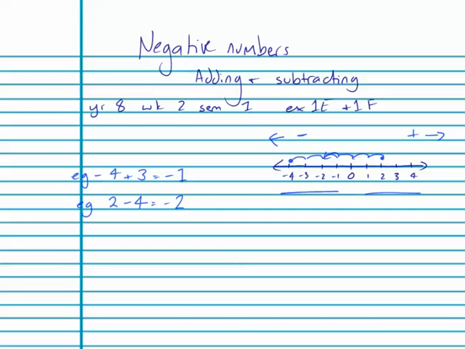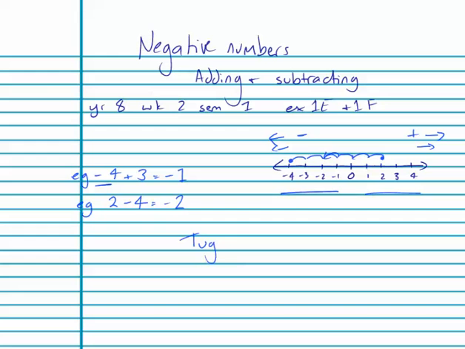So if I'm adding or subtracting a positive number, adding a positive goes up, taking away a positive goes down. However, we can get a little bit confused when we're starting on a negative, as we did here, or when we're taking away a negative, adding a positive, all that sort of stuff.